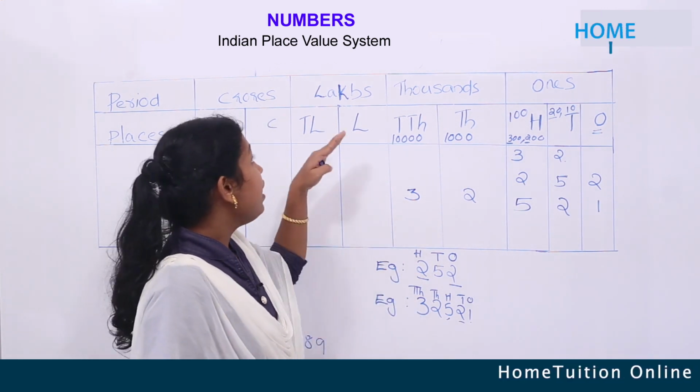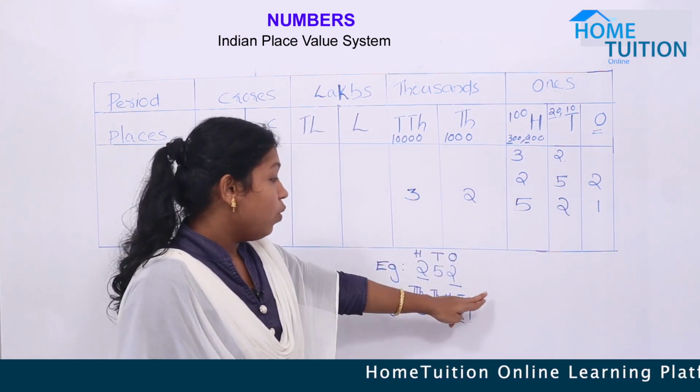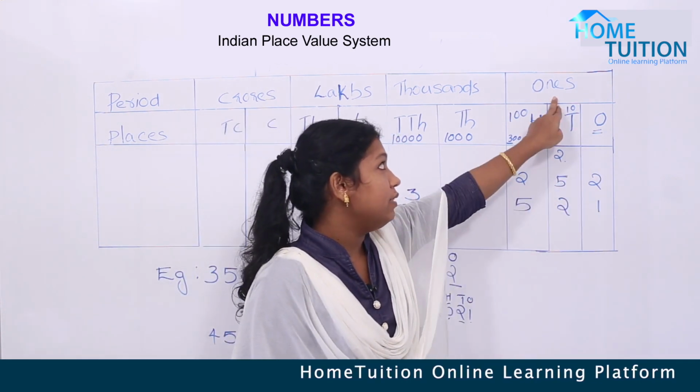So the number 32,521 placed in the Indian place value system is written like this. The first digit is in the ones place of the ones period.